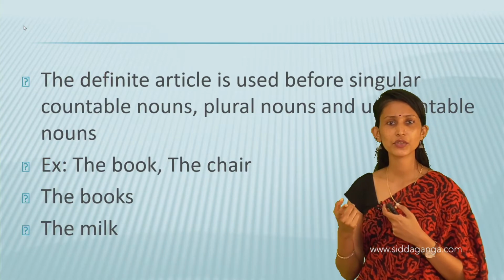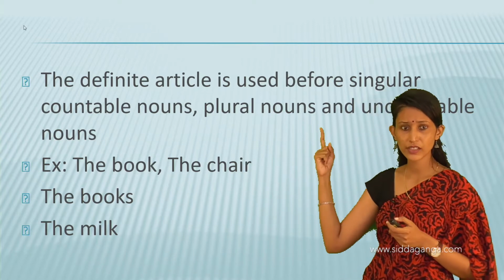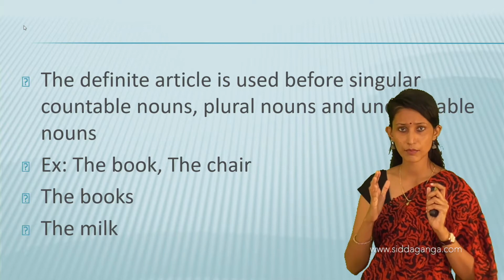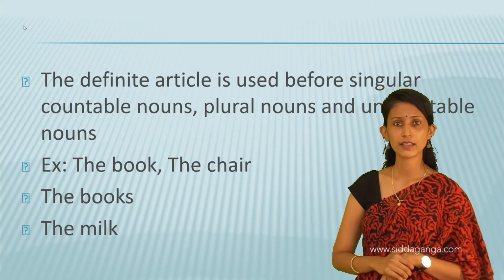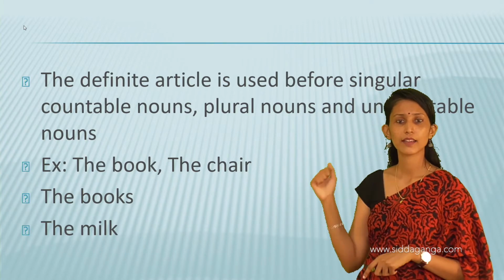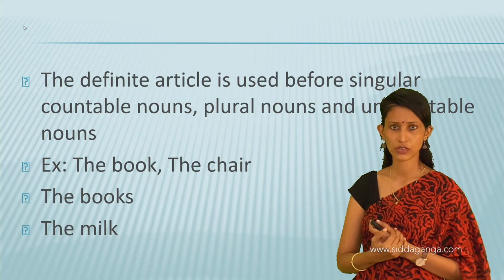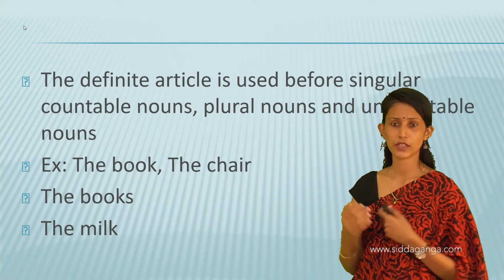Now where do we use this definite article? We use it before singular countable nouns, that is the book, the chair: bring the book from my table, keep the chair there. Then plural nouns, the books. Okay, the books is a plural noun.